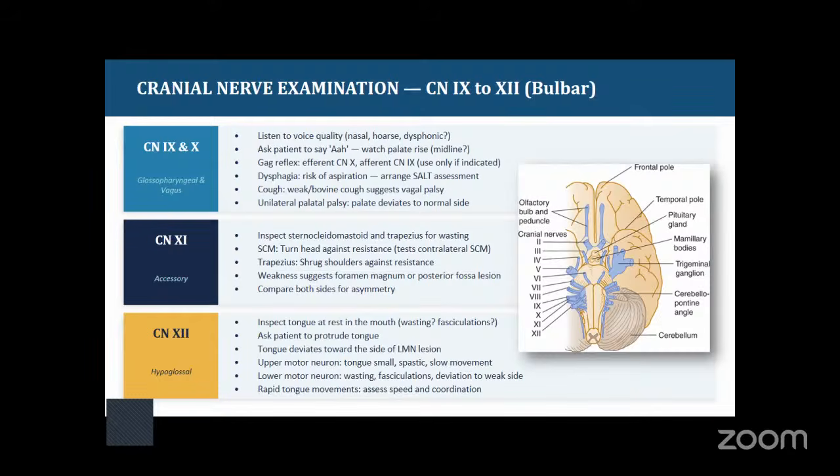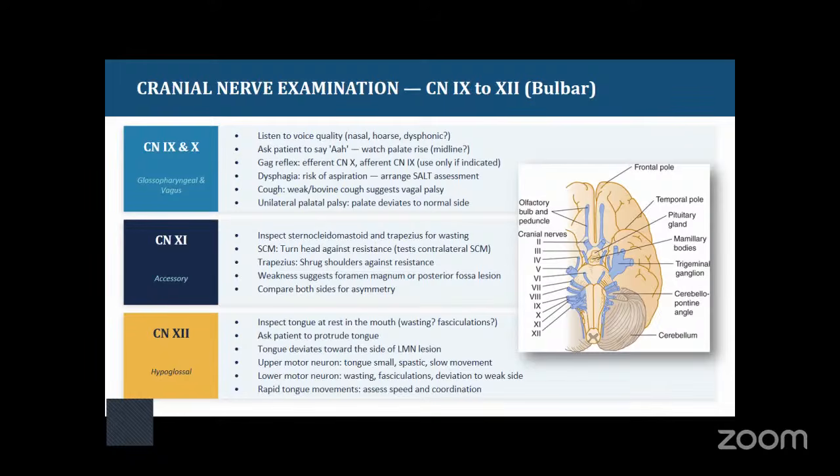Then you ask the patient to open their mouth and assess with a torch, and you want to see the arch of the palate. Does it rise? Is it in the midline? Is the uvula in the midline? With a tongue depressor, you want to assess the gag reflex. So that's cranial nerve 9 and 10.